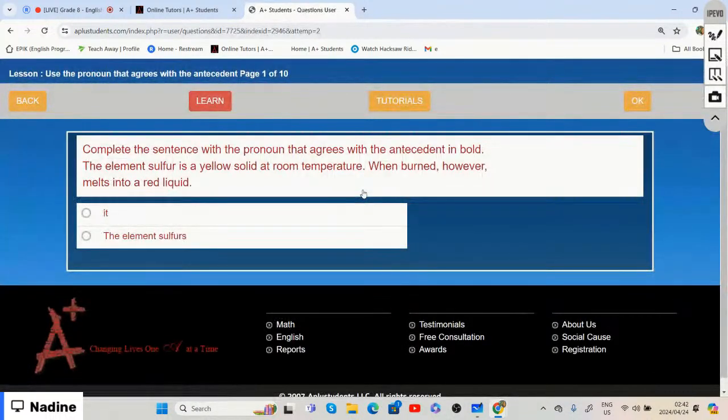We need to complete the sentence with the pronoun that agrees with the antecedent in bold. The element sulfur is a yellow solid at room temperature. When burnt, however, it melts into a red liquid. So do we say it or the element sulfurs?